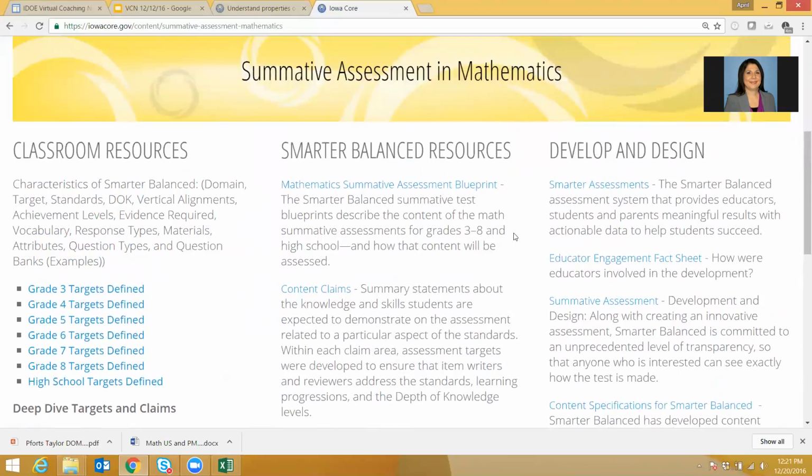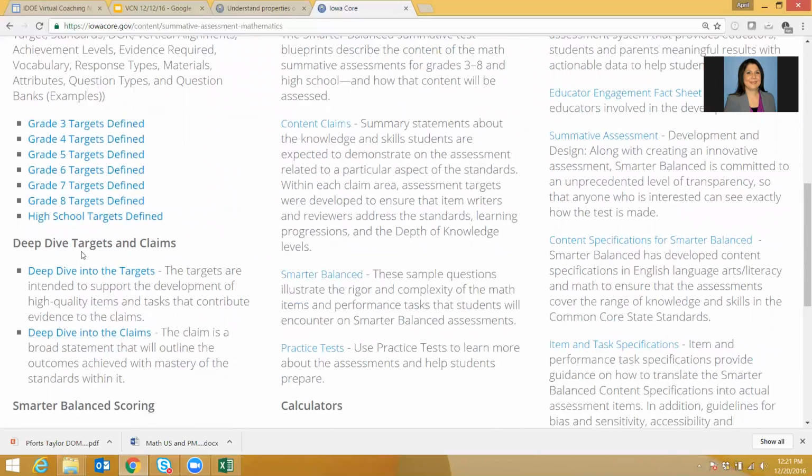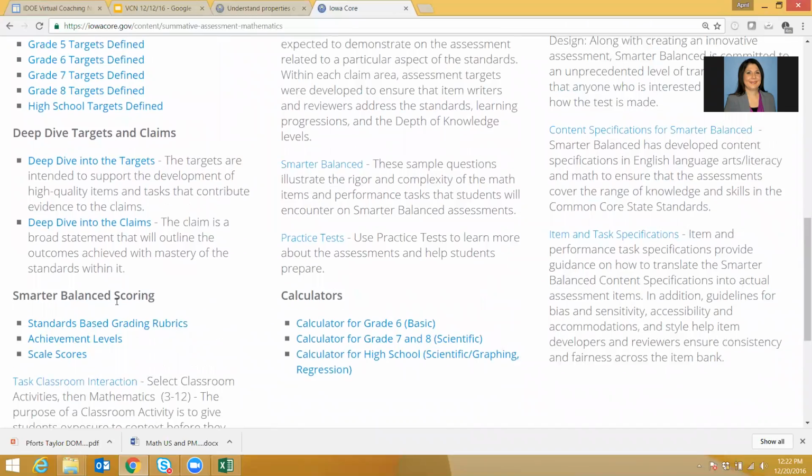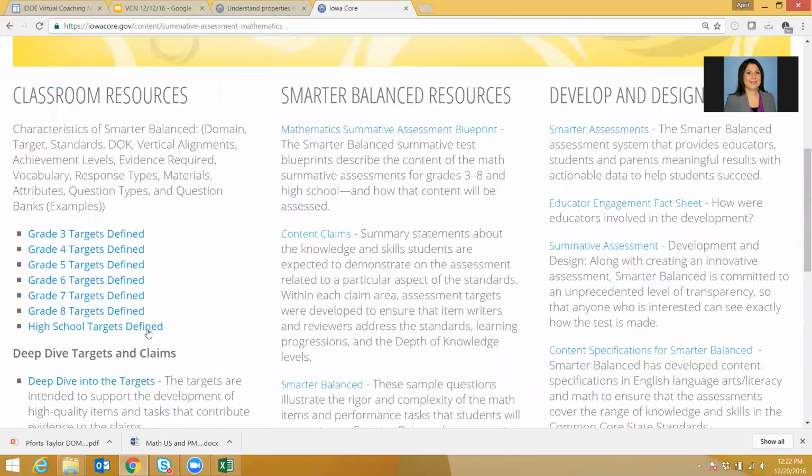And so what we did is we took all the information out of here and then we put it into grade levels for educators. That additional information into the targets and the claims are below. And this is that scoring information that I mentioned. We'll get into these on later webinars.